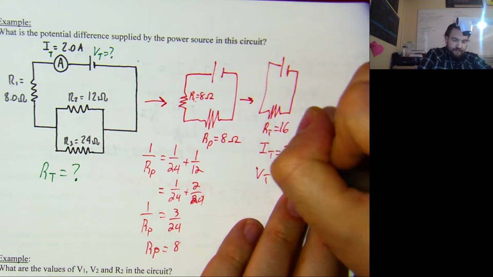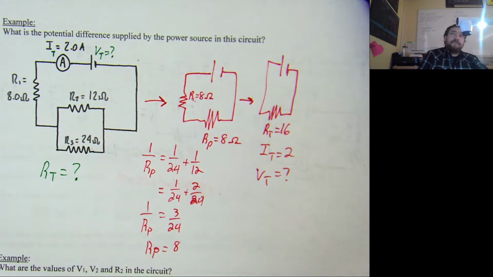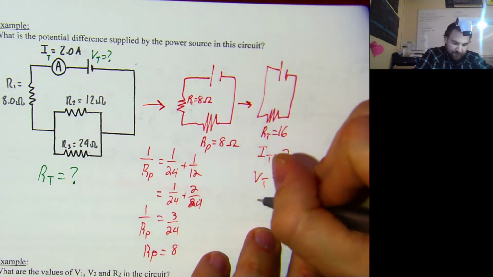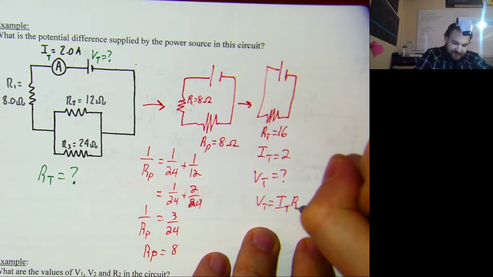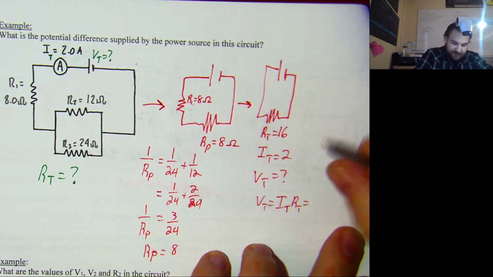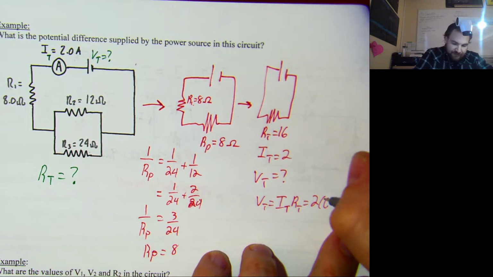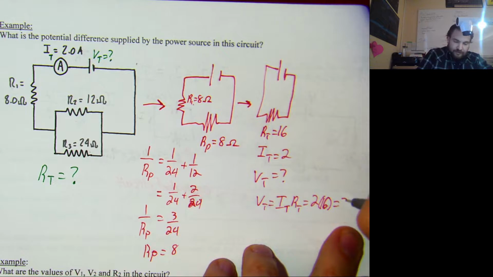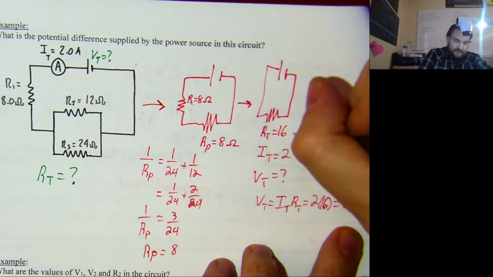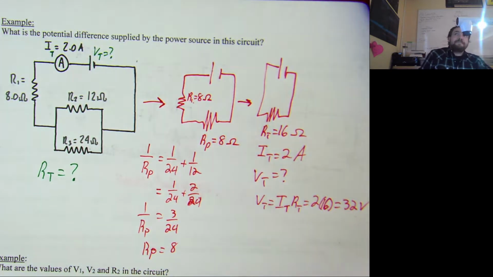So then what's VT? Well, we know that voltage is just equal to current times resistance. So that's going to be 2 times 16, giving us a total voltage of 32 volts. That's ohms, that's amps.